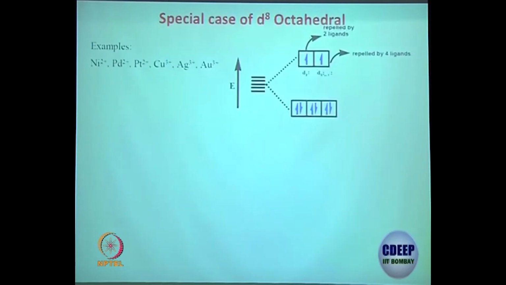Now, this is the special case of d8 octahedral. What is the special case? We alluded before that these dz2 orbitals are the ones getting repelled by 2 electrons. This is a d8 electronic configuration, as you can see, t2g6 eg2, and this is the one repelled by 4 ligands.